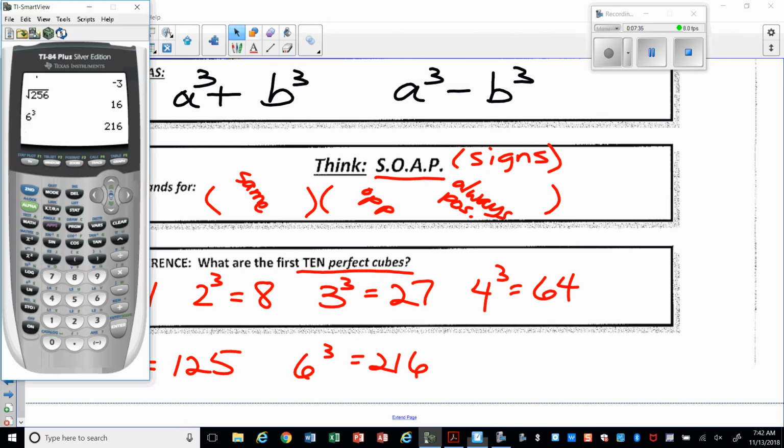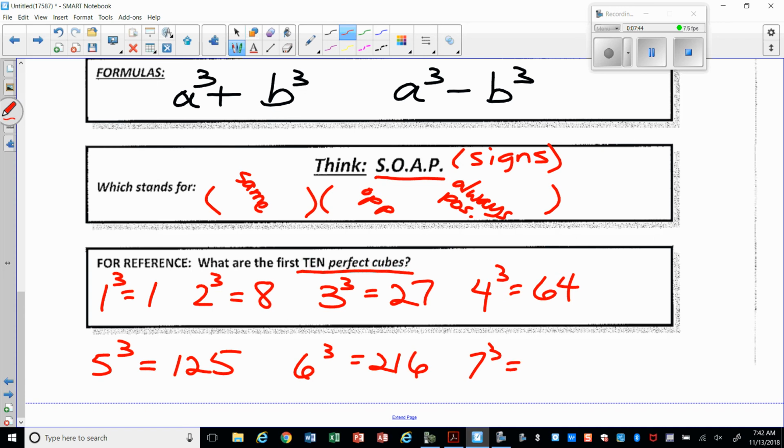If I do 7 cubed, so I'll do 7 to the third power. Cube means to the third power. So 7 cubed is 343.